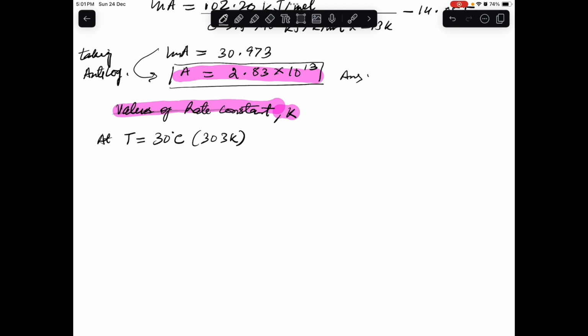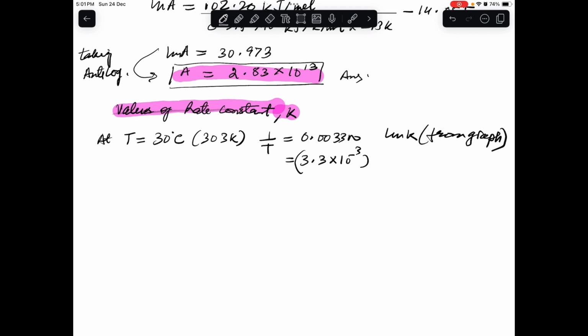When we take 1 by T of it, after calculation 1 by T will be 0.003300. So we'll write it as 3.3 into 10 raised to the power minus 3 as the value of 1 by T. Now we will find the value of natural log of K, which we will calculate from the graph.